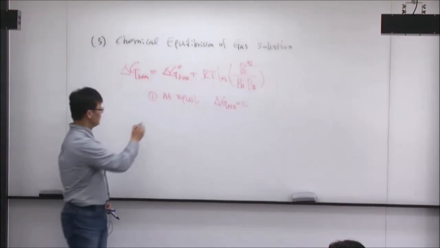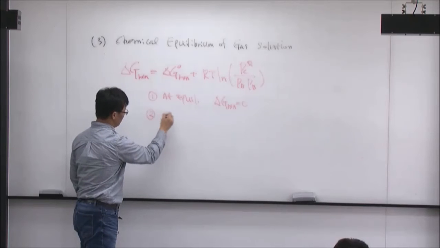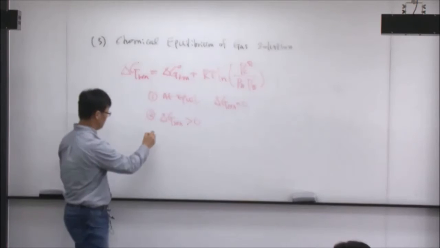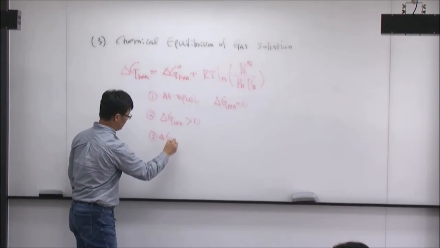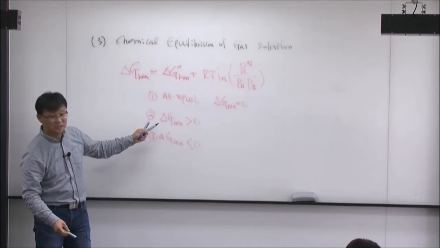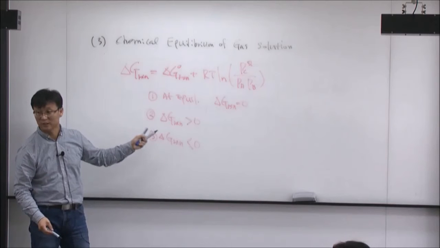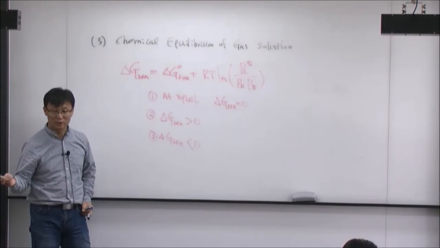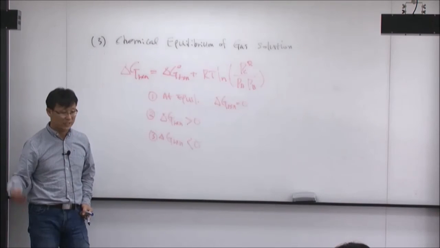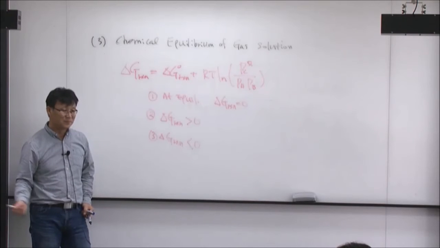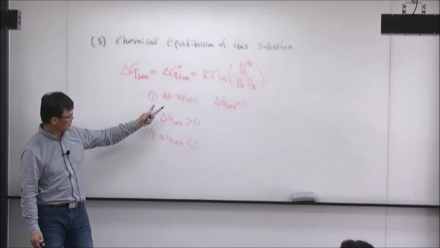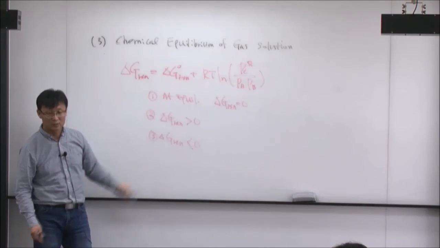That's one way. And that's the other one. If delta G of reaction is higher than 0 or delta G of reaction is lower than 0. I'm not talking about delta G naught, delta G, okay? Delta G instead of delta G naught. As I mentioned, delta G naught you can find in the thermodynamic table, and it cannot be 0 in most cases. 99% it's not 0. It has a certain value, positive or negative value. But delta G, there are really three cases like this, depending on the condition.